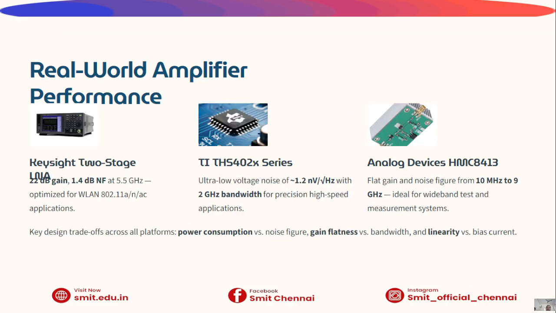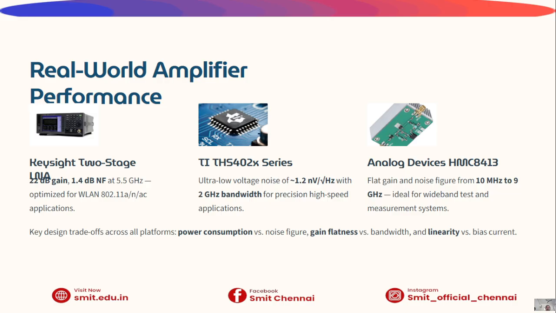Next, we see about the real world amplifier performance. This slide presents examples of commercial amplifier products. The Keysight two-stage low noise amplifier achieves approximately 22 dB gain with a noise figure of about 1.4 dB at 5.5 GHz. Texas Instruments high-speed amplifiers provide extremely low voltage noise and very high bandwidth.